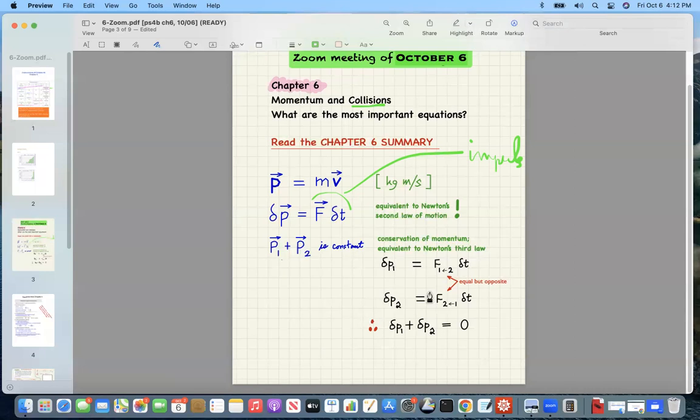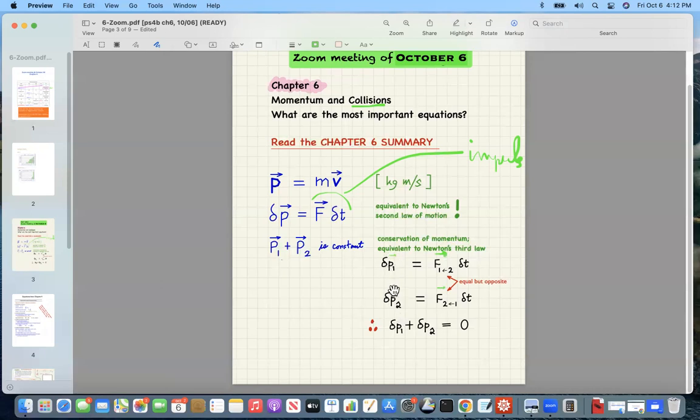And delta P2 is the force acting on object 2 exerted by the first object times the same time, because the forces are acting simultaneously. And Newton's third law, action and reaction, we've written before in terms of forces. F12 is negative F21, because these are equal in magnitude, opposite in direction as vectors. I guess I really ought to put a vector sign over this. Well, I ought to put vector signs everywhere, I guess.